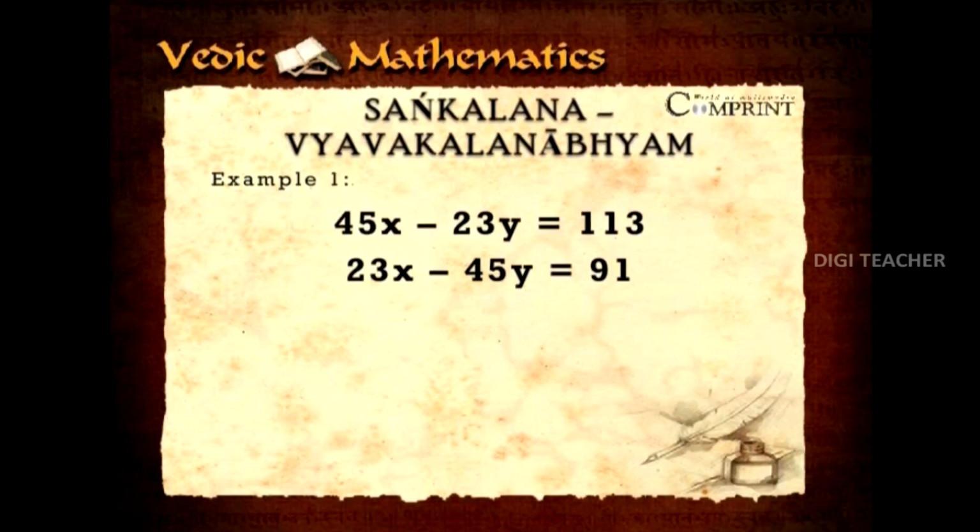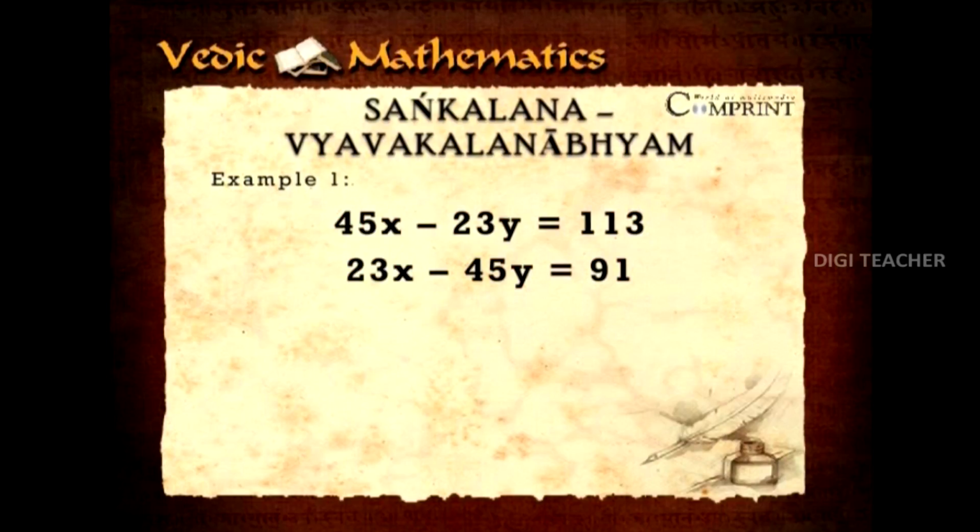In the conventional method, we have to make equal either the coefficient of x or coefficient of y in both the equations. For that, we have to multiply equation 1 by 45 and equation 2 by 23 and subtract to get the value of x, and then substitute the value of x in one of the equations to get the value of y.